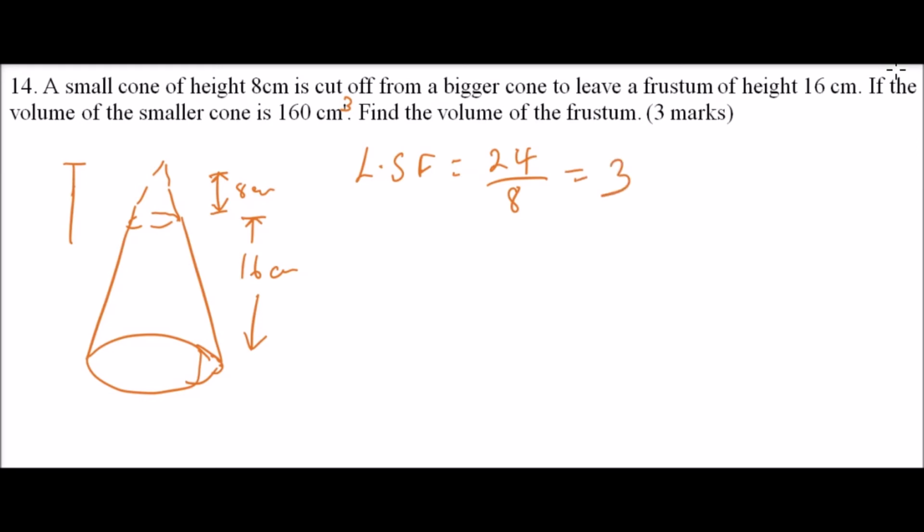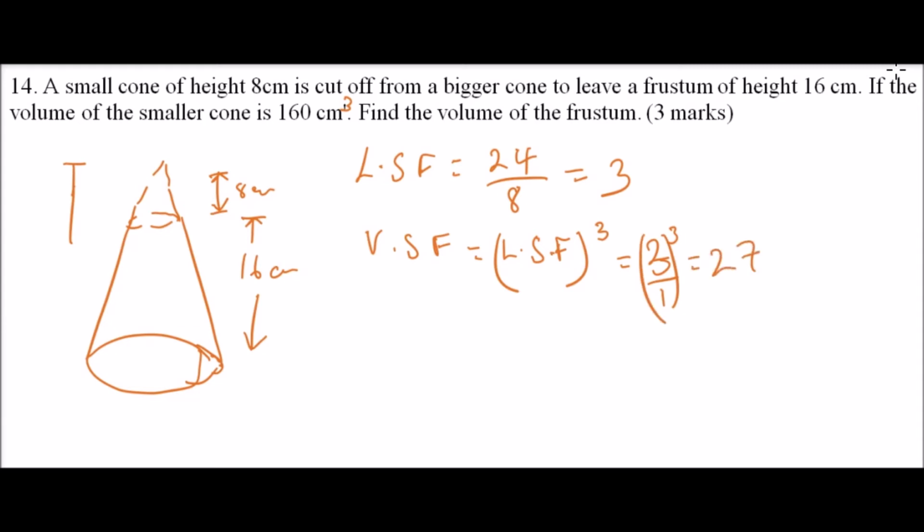What we know is that the volume scale factor is equal to the linear scale factor cubed. This means this is equal to 3 cubed divided by 1, and that will give you 27.